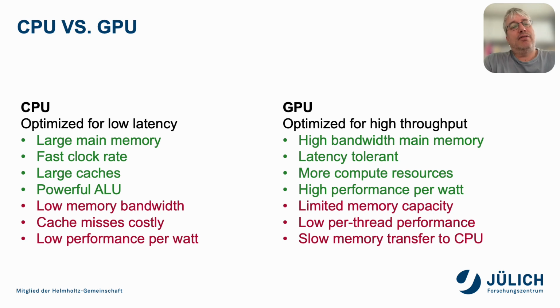They usually have a relatively low latency, so they can calculate complex code which has a lot of branches, where it's not easy to see the data flow. They have a fast clock rate, have caches, very powerful processing units and so on. They usually also have a relatively small memory bandwidth, and it can be very costly if the program does not access the memory well, and they do not have such high performance per watt, so the energy efficiency is not so high.